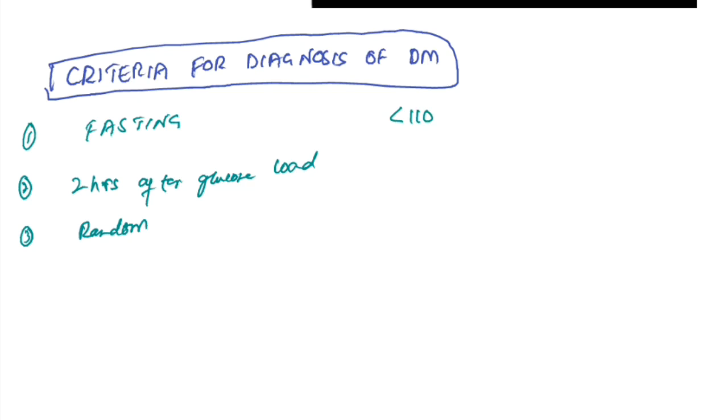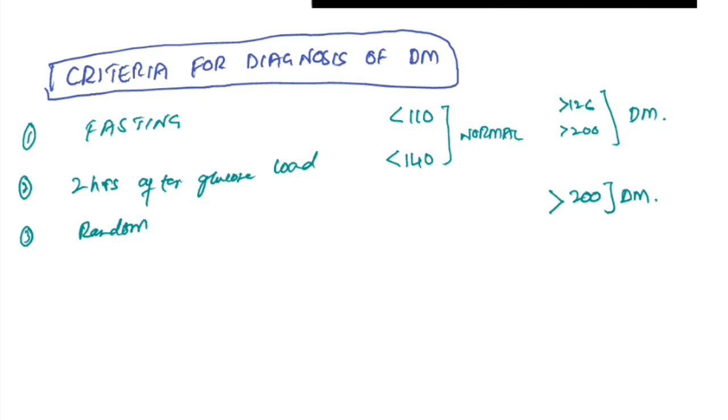Less than 110 in the fasting state and less than 140 after glucose intake is considered as normal. But if these values are increased to more than 126 in fasting or more than 200 after consuming glucose, then it is considered as diabetic.